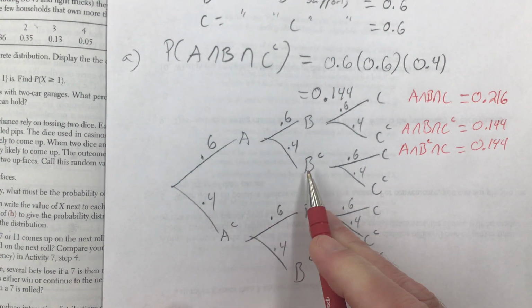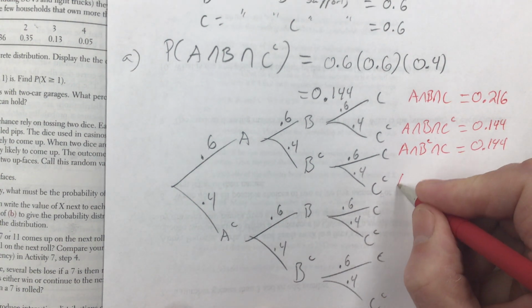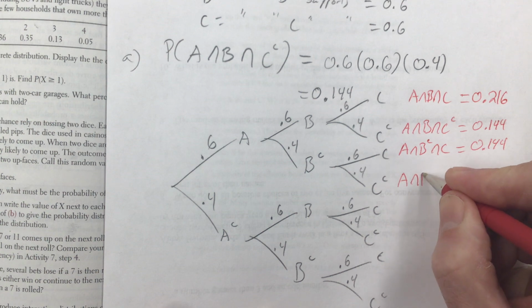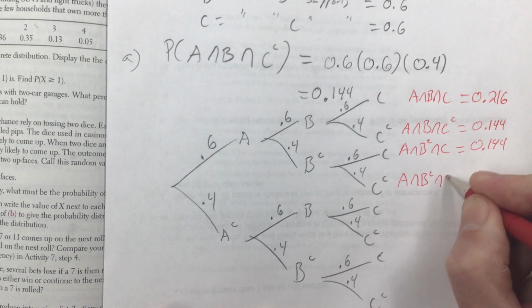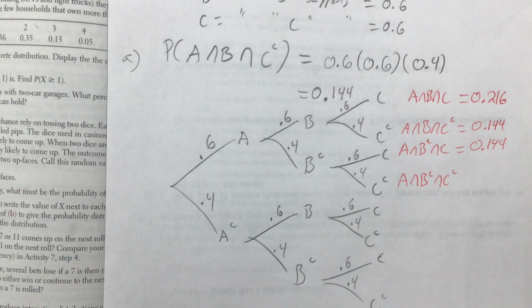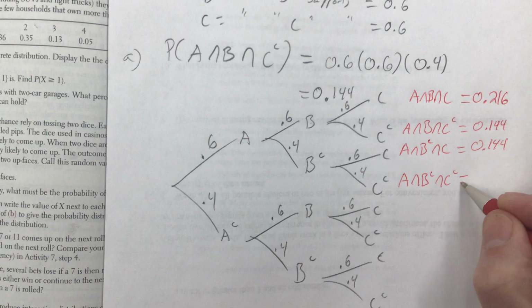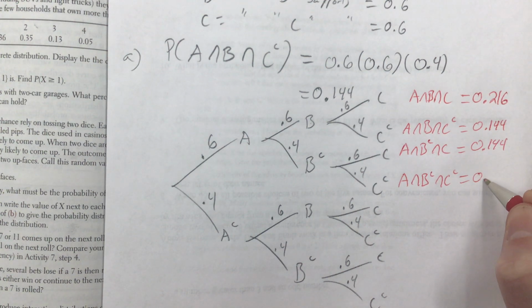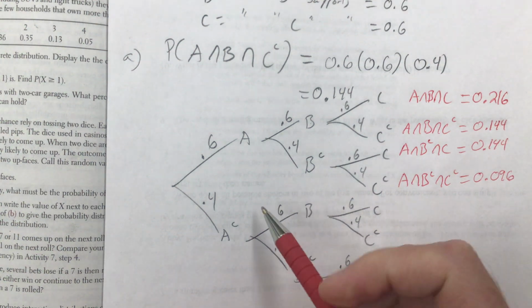Okay, A, not B, not C. So this is going to be a little bit less. Okay, that's 0.6 times 0.4 squared. Okay, let's see.